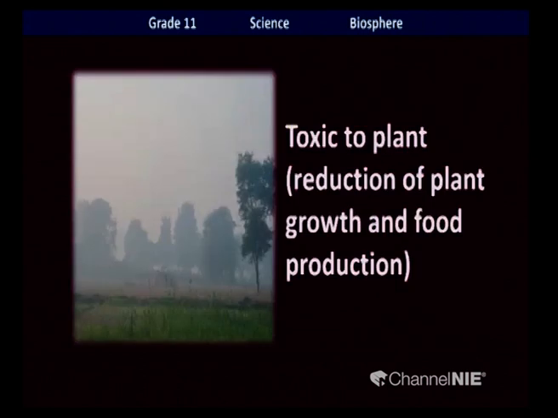Next one, toxic to plants. These chemicals can affect the plant leaves and reduce the growth of the plant and food production. Therefore, indirectly, photochemical smog will affect world food production, which can lead to a food crisis in the world.